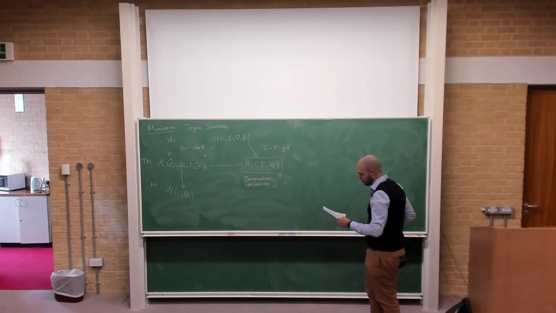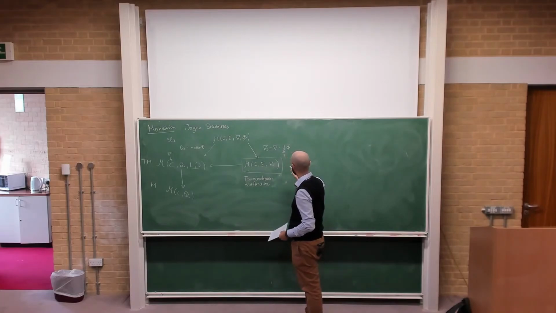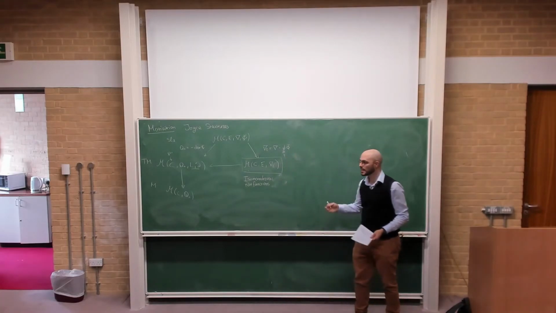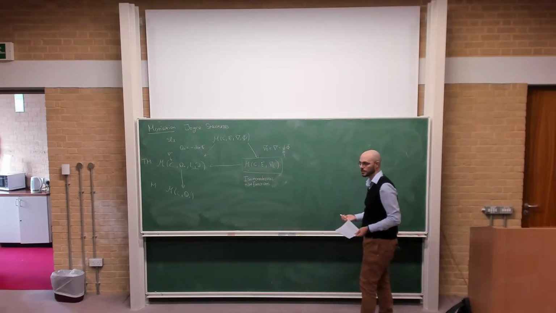Essentially, if you want a connection with what was said today, this epsilon here is the P1 parameter of the twistor fibration.